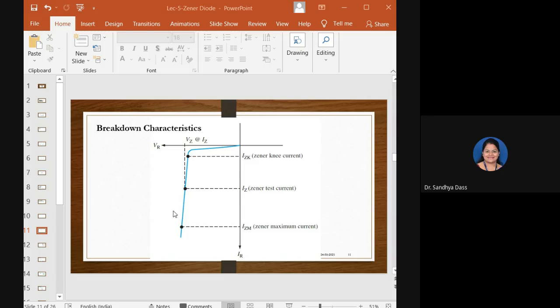So for voltage regulation, or to have constant voltage across the Zener diode's terminals, the current in the circuit should be maintained within these two limits: minimum Zener current and maximum Zener current.